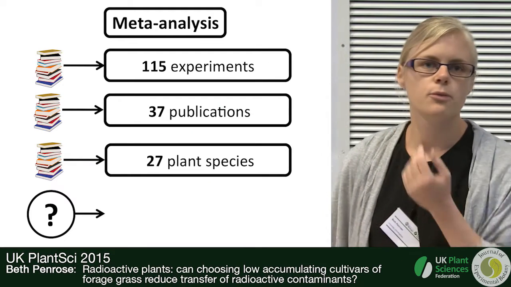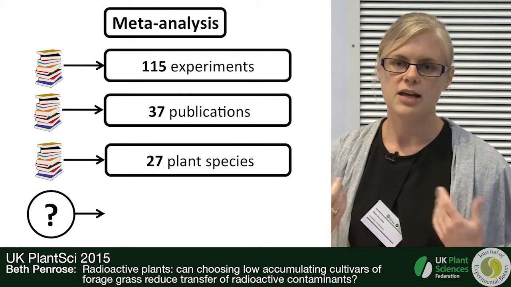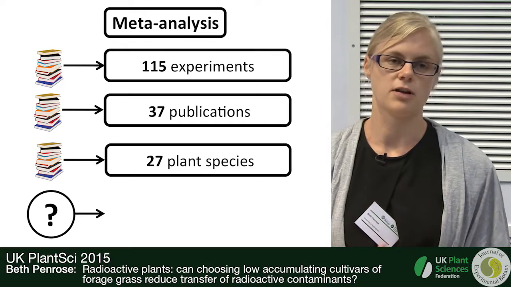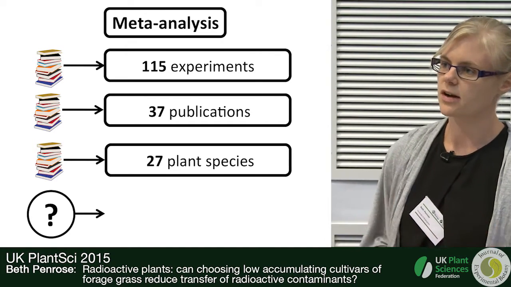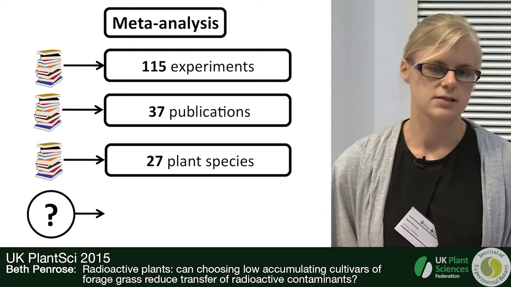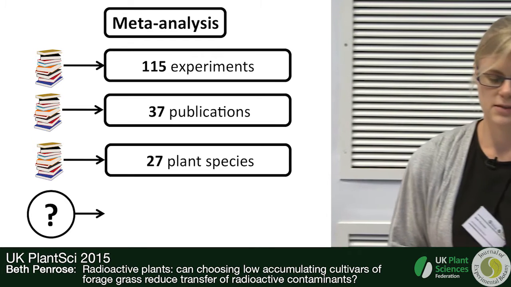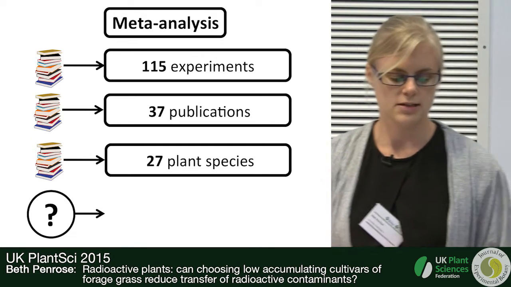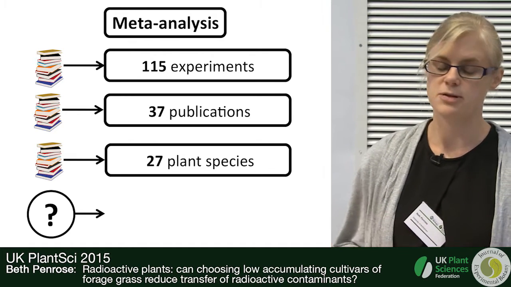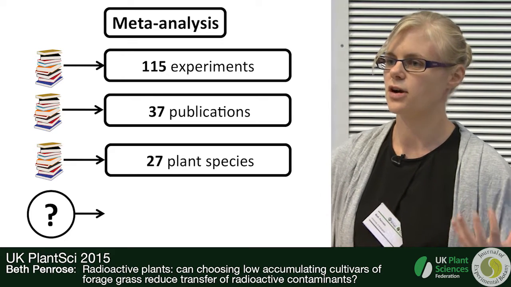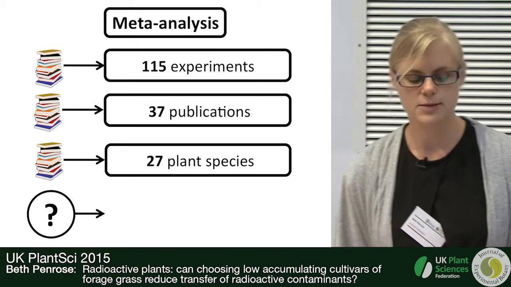And it's very important to say that not all plant species take up the same amount of these radioisotopes. But also within species, between cultivars, there are also differences in uptake. And that won't come as a surprise to you as plant scientists. And so last year we did a meta-analysis. We looked at all the experiments that you could find that ever looked at intervarietal variation in cesium and strontium uptake, with 27 plant species.